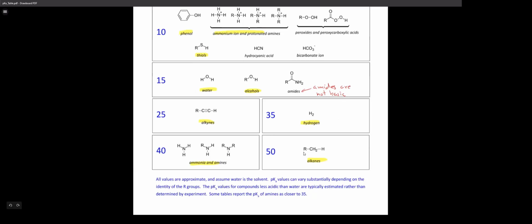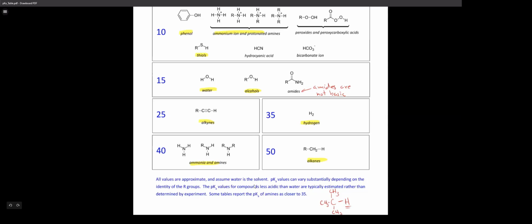Alkanes, you would never call an acid. But carbanions, like for example, this compound right here, okay, first of all, what is the Ka of that hydrogen?